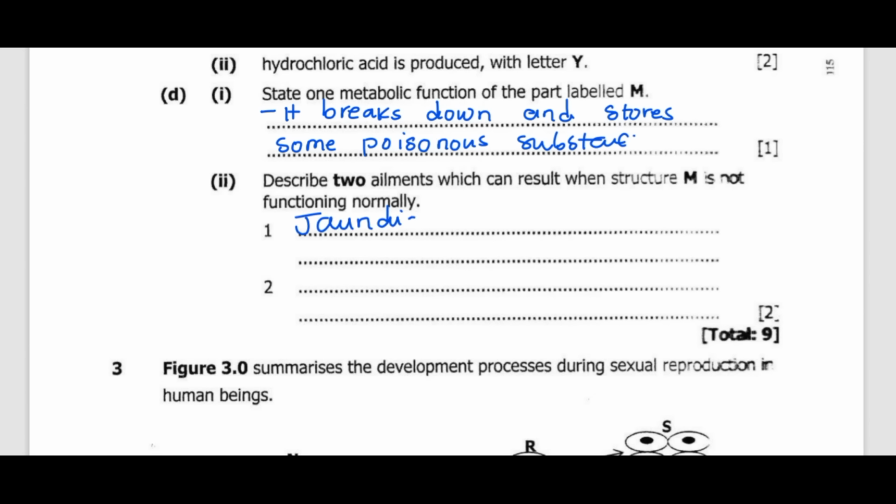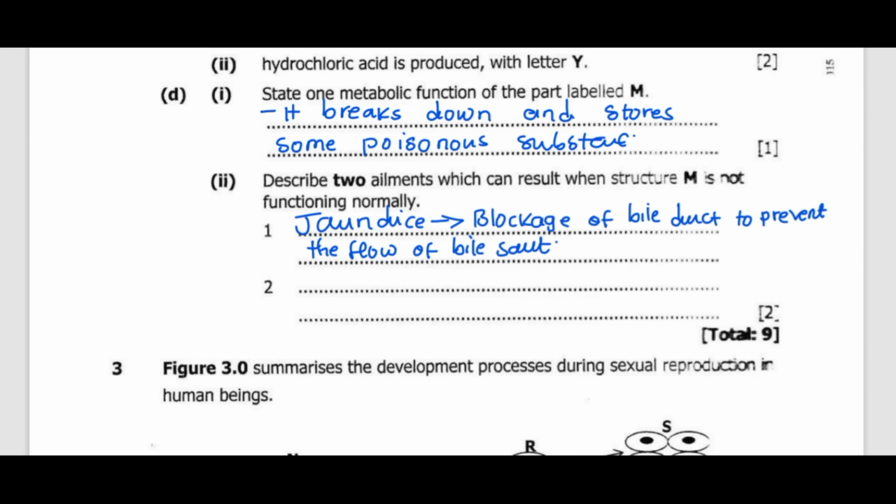Jaundice is a condition where the bile duct closes in such a way that it cannot allow the bile salt to enter the small intestine. So this is just the blockage of the bile duct to prevent the flow of bile salt.